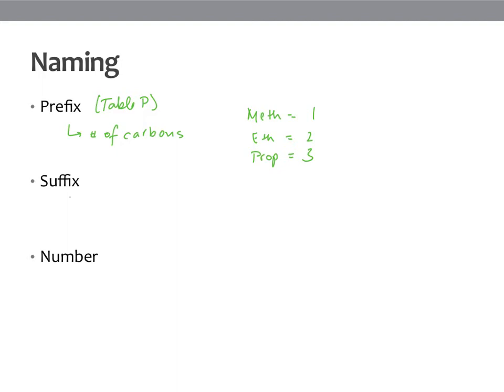The suffix tells you the type of organic compound, basically, whether it's an alkane, alkene, alkyne, or even some of those that include the functional groups. So you kind of need to use both table Q and table R for those. And the number indicates the location for the bond, substituent, or functional group.